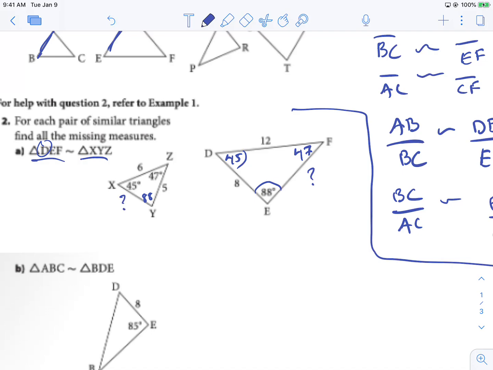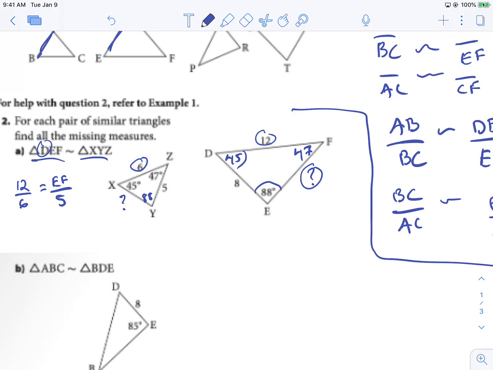But we know this 6 is similar to this 12, so we need to figure out our ratio. 12 divided by 6 equals EF divided by 5.